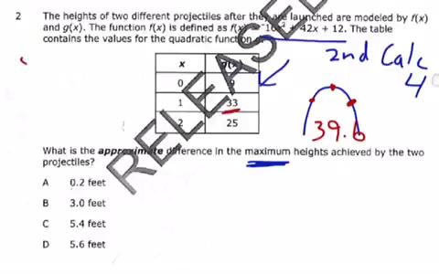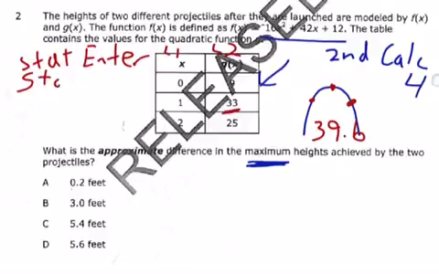So I'm just going to press stat and then enter. I'm going to type everything in. So these are my L1, L2. My x is in L1, my y is in L2. And then I'll press stat calc, and it's not 4 because that gives me a linear regression. It's stat calc 5. That gives me a quadratic regression. So I have to tell the calculator what I'm looking for.